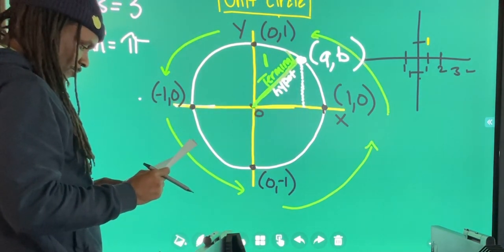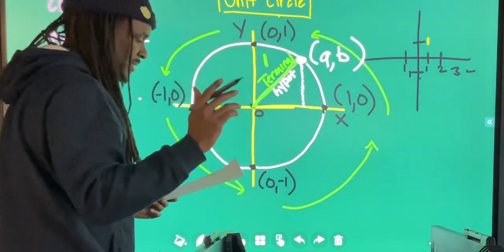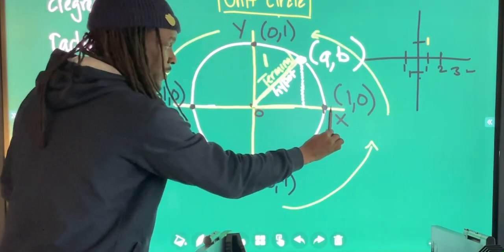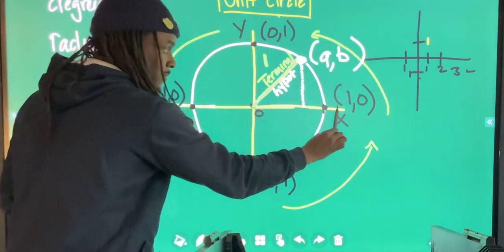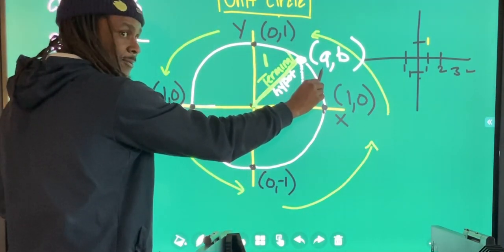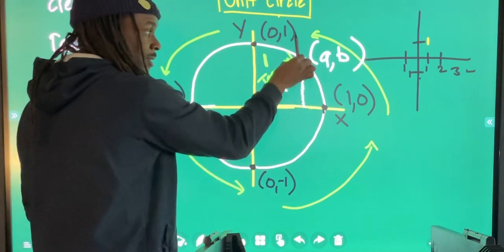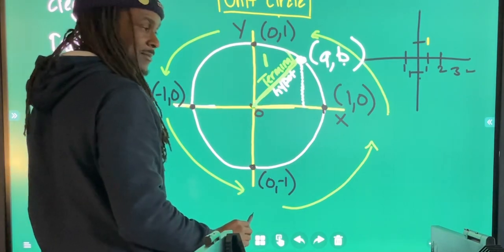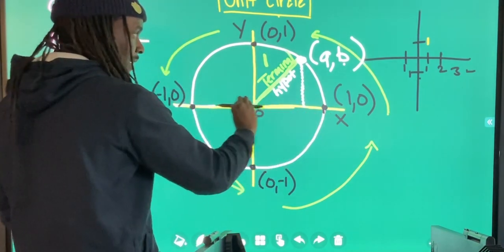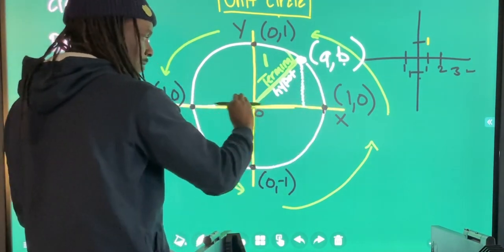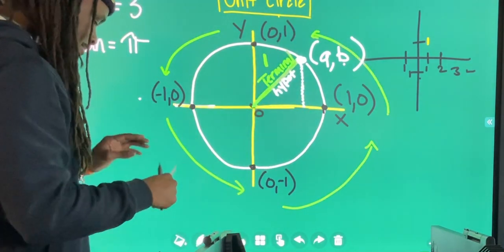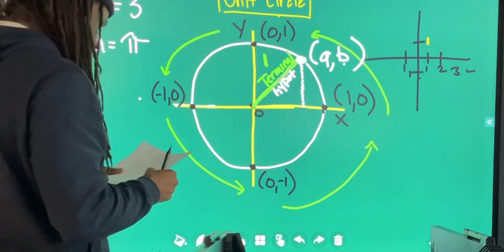Wait, how did it become a triangle? Because I'm taking you somewhere. Any point on this line going left and right will be your A value. Up and down clearly will be your B value. Just like a regular coordinate, the A value goes left and right, the B value goes up and down. Yeah, I wrote the A is X and the B is Y. Yep, you got it.